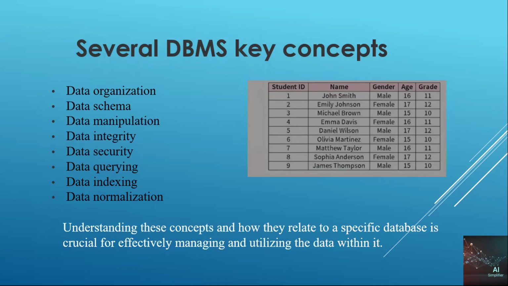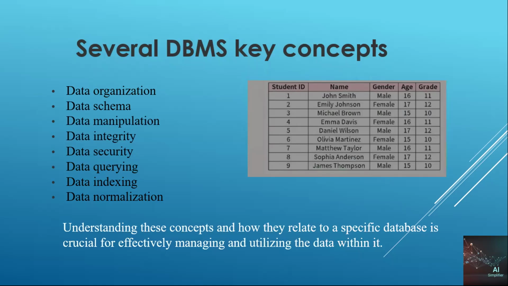Now, what is data organization here? Data organization means how your data is arranged in the tables, in a particular row and a particular column, so that it can be easily accessible to the authorized person.